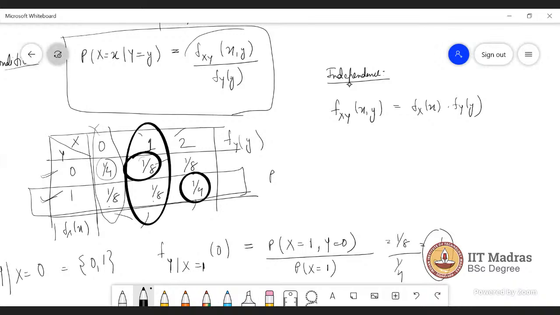If for any one pair of x and y this doesn't happen, then we can directly say these two random variables x and y are dependent. If for every pair it is satisfied, then we say they are independent. This is the only thing you have to remember for independence.